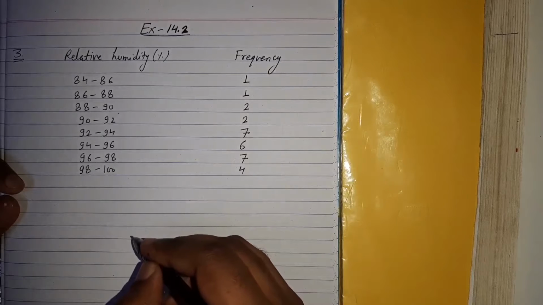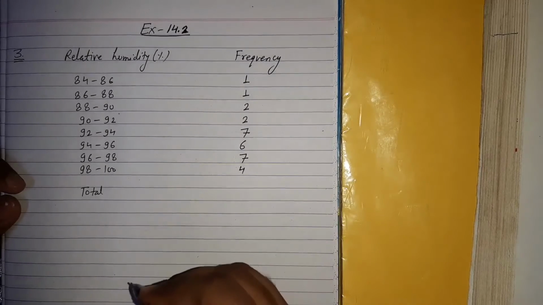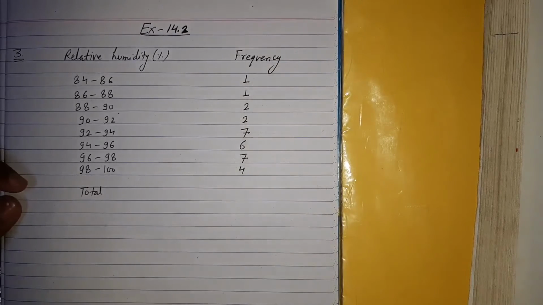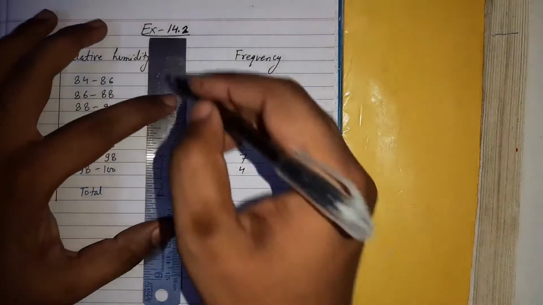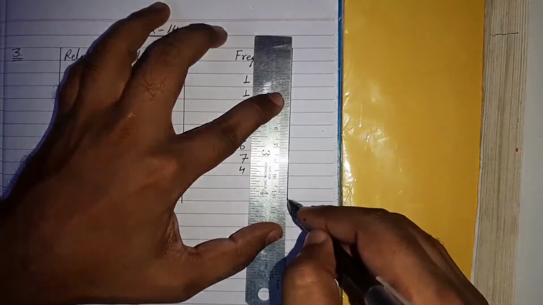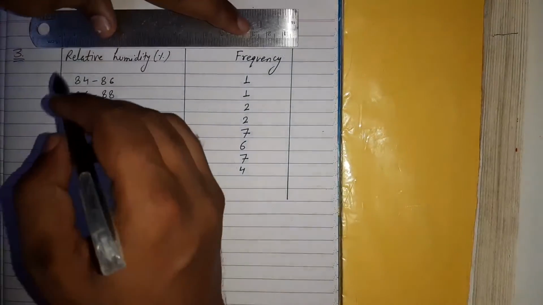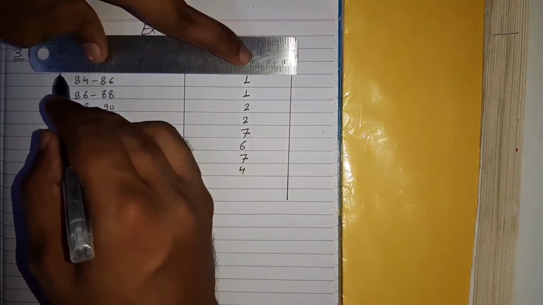Now you can find the sum of these frequencies. You will get 30, because the 30 data points are given. It means we have taken all the data, so no one is left.